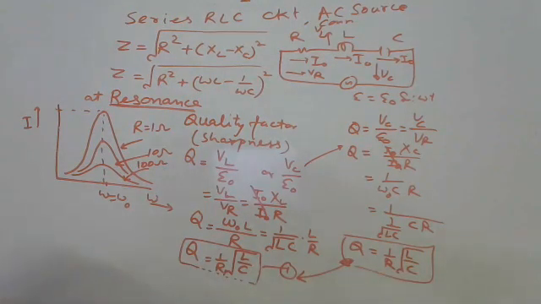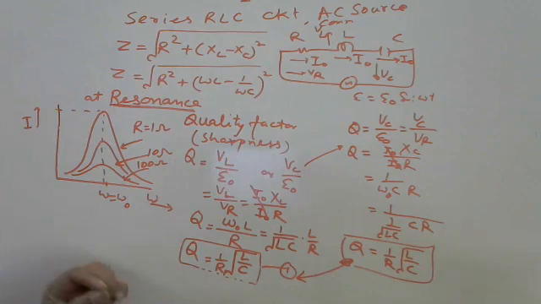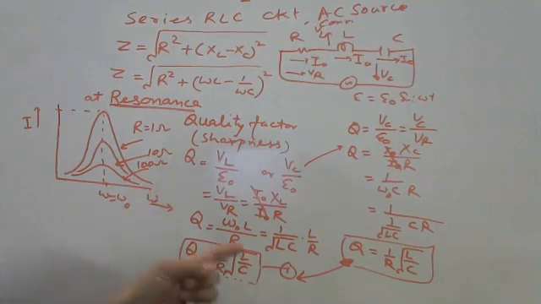If you want to calculate the value of the quality factor, this is the formula: 1 by R upon under root L by C. It is not XL XC, mind it. It is simply under root L by C and 1 by R. At resonance, resistance is important. Again repeating, resistance is important. At resonance, this RLC circuit will behave like pure resistance only. Just note down and you can ask any doubt.